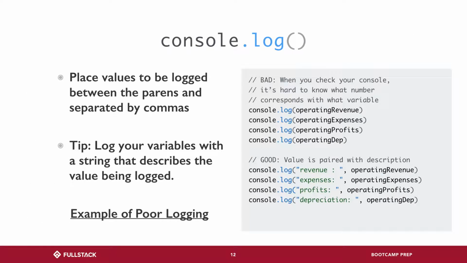Console logs. A few tips. Or actually, I guess only one tip here, which is that I always like to put some kind of description in the same console log statement, right? This up here works in the short term if you just want to log something out really quickly. You're checking it, you're mentally very aware of it.